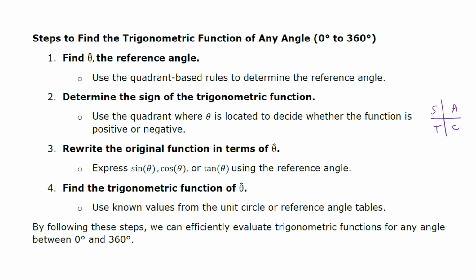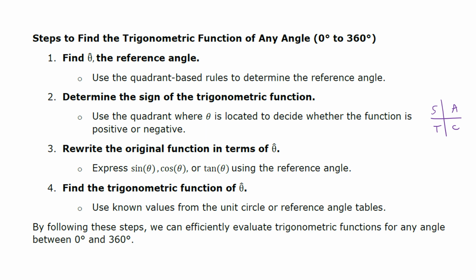So in the first quadrant, all trigonometric functions are positive. Second quadrant, only sine and its opposite is positive. In the third quadrant, tangent and its opposite is positive. And in the fourth quadrant, cosine and its opposite are positive. Step 3, we'll rewrite the original function in terms of our reference angle.